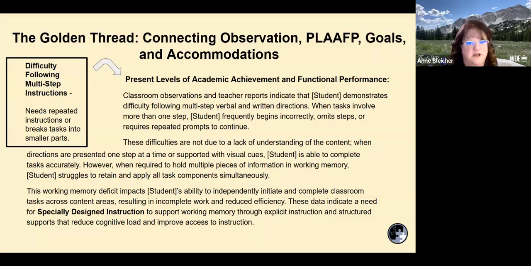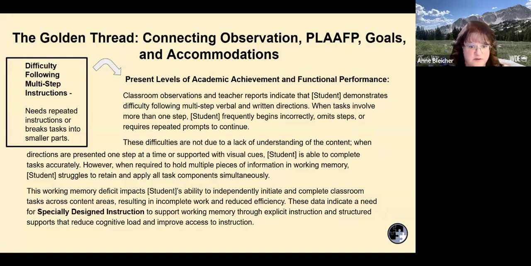We're not yet jumping to instructional strategies. This phase is about identifying what the needs are and putting those into the present levels, and that follows through the IEP with aligning goals and accommodations.